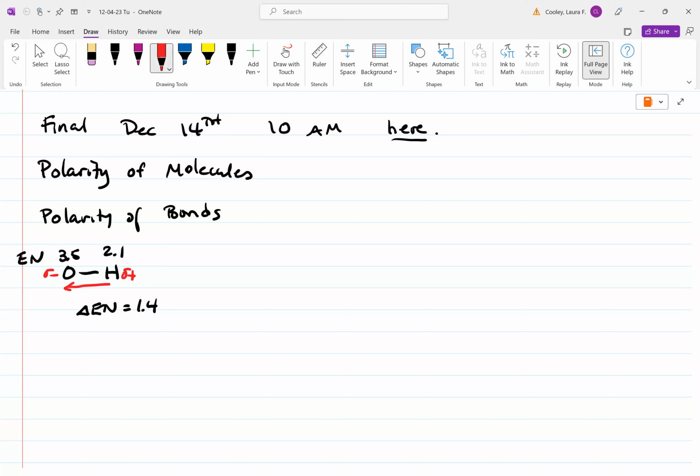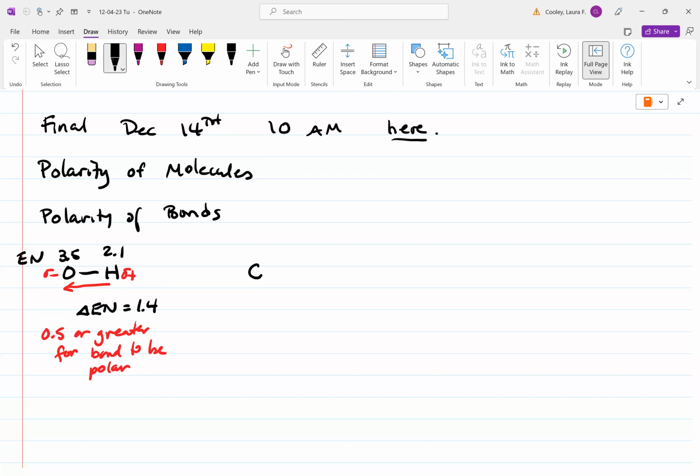And so this is polar. Why? Because we have a cutoff. It has to be 0.5 or greater for a bond to be polar. Bond polarity was on the test, only one question on it.